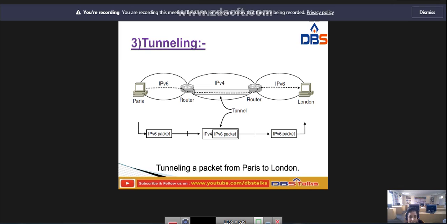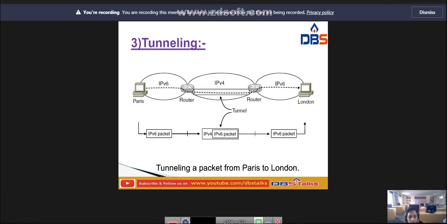This is the connectivity between Paris and London. The network between the two offices uses IPv4. So what is the use of this IPv4? It tunnels a packet from Paris to London.